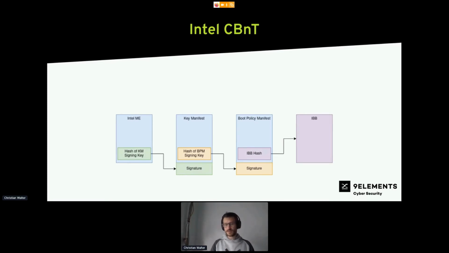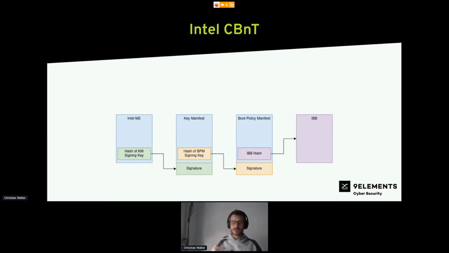So if the platform boots up, the ACM loads. The ACM also has a signature, and the CPU itself checks the integrity of the ACM. If everything is fine, the ACM starts up. Once the ACM is started up, it is looking for the key manifest.